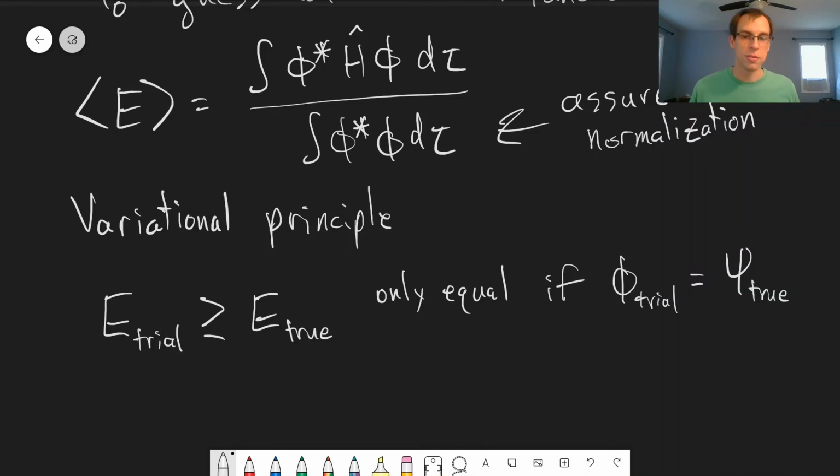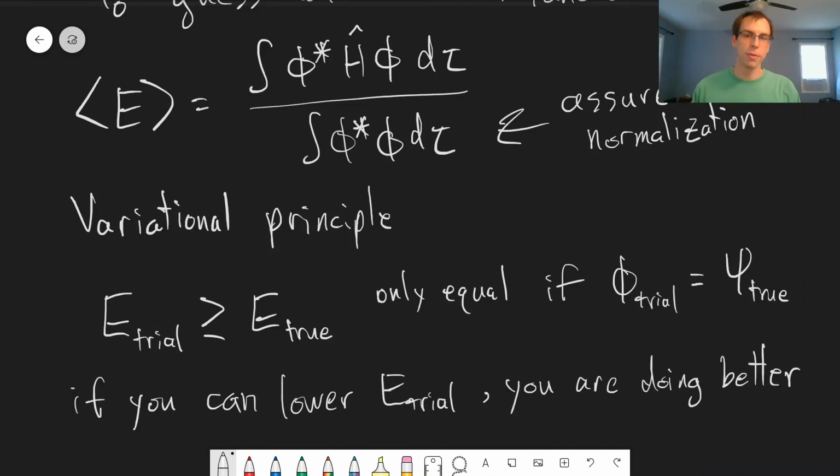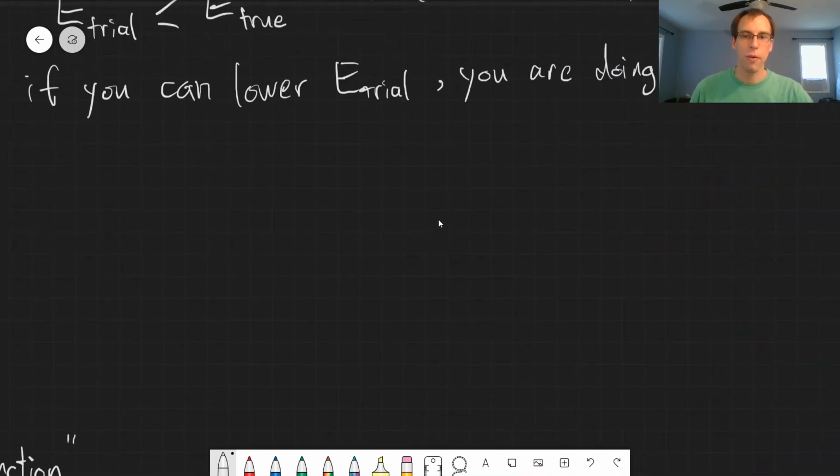All right, and so what this tells you is that if you can lower the energy, you did better, because you get closer to the true energy. So if you have some way of varying your trial function such that it lowers the energy that you calculate, you're getting closer to the actual result. You are doing better. And so what we do is we will set up this problem. What we generally do is pick a trial function that has some parameters inside of it.